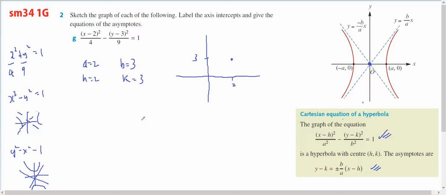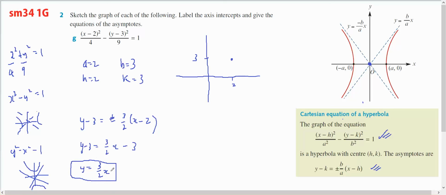The equation of the asymptotes will be y minus k, which will be y minus 3 equals plus or minus b on a, so 3 on 2, x minus h, which is 2. Let's say I take the positive, so y minus 3 equals 3 on 2x minus 3 on 2 times 2 is 3, y equals 3 on 2x plus 0.